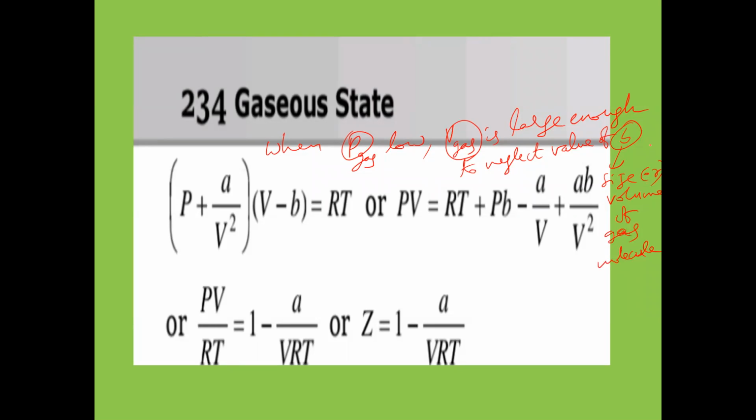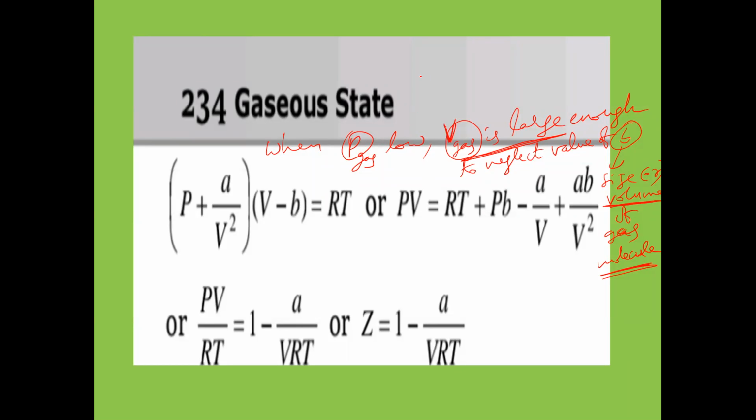So why are we neglecting b here? The volume is large. When the volume of gas is large, in comparison to that large volume, the volume of each gas molecule can be neglected. Now, why is the volume of gas large here? Pressure of gas is low.